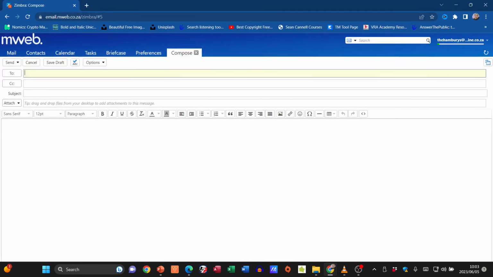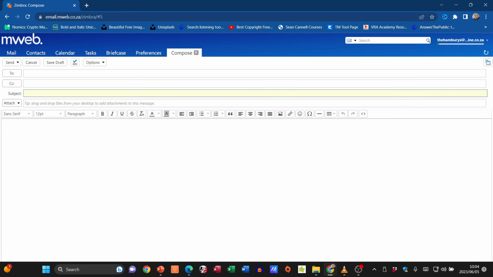So here I've got my email, and you can see I can type in somebody's email address there. And if I go CC, that is a carbon copy, which means the person who's receiving the mail, who I'm sending it to, will see who I am copying in on the mail.